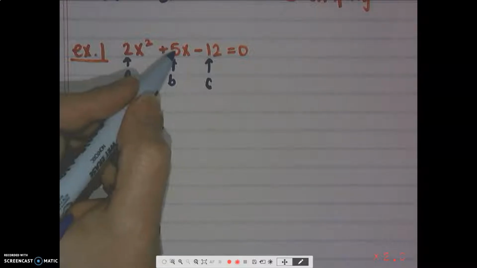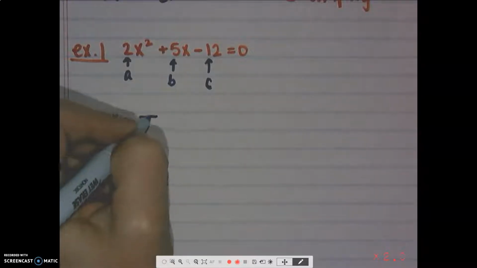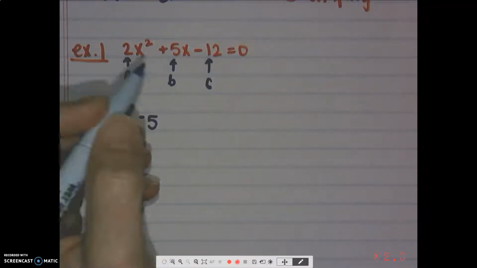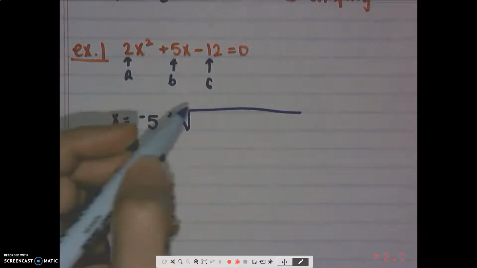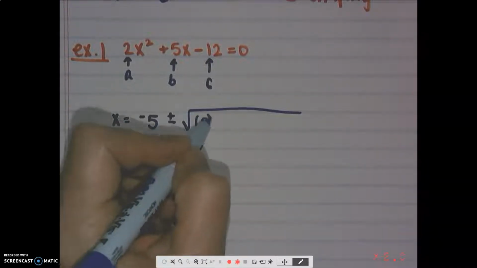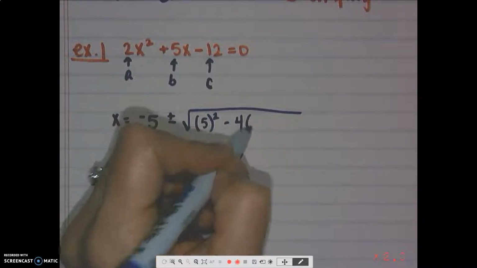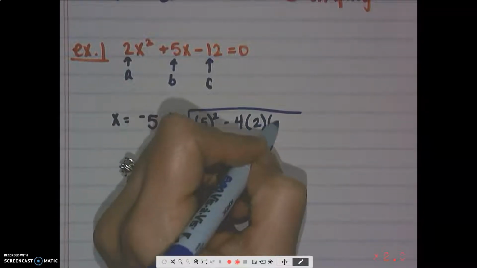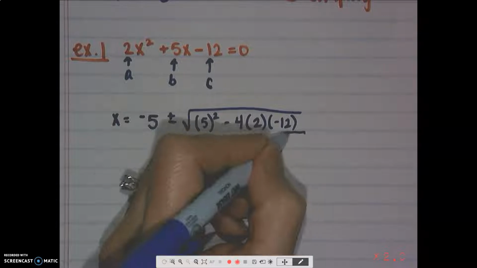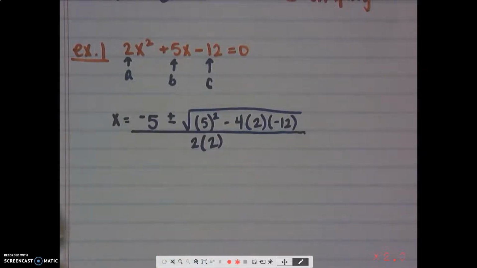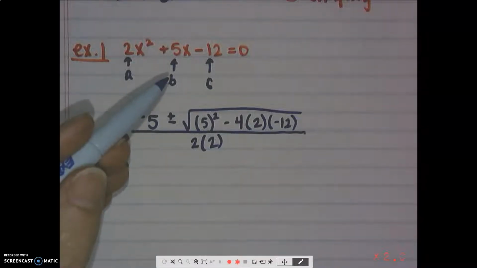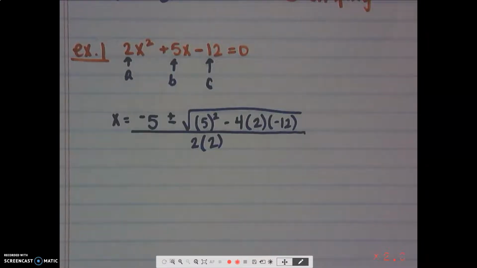Since b is a positive 5, we are going to write negative 5 down, plus or minus the square root of b squared minus 4 times a times c, all over 2 times a. Anytime I said a, I filled in a 2. Anytime I said b, I filled in a 5. Anytime I said c, I filled in a negative 12. So that's the second step, to plug in those values.